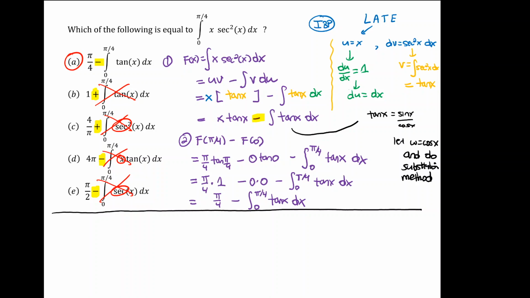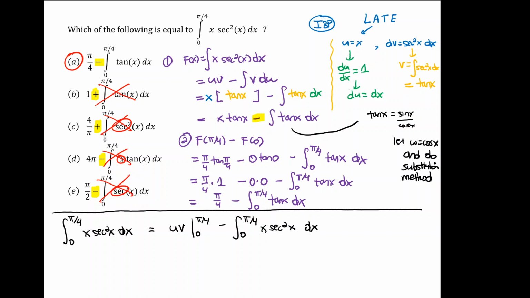Okay, underneath, method 2. Integral from 0 to pi over 4 of x secant squared x dx is going to equal uv evaluated from 0 to pi over 4 minus the integral from 0 to pi over 4 of x secant squared of x dx.